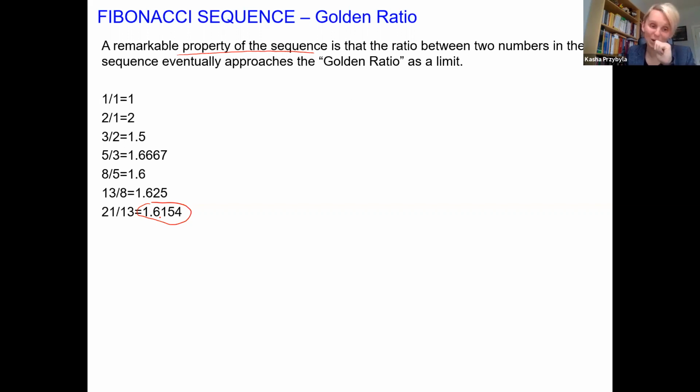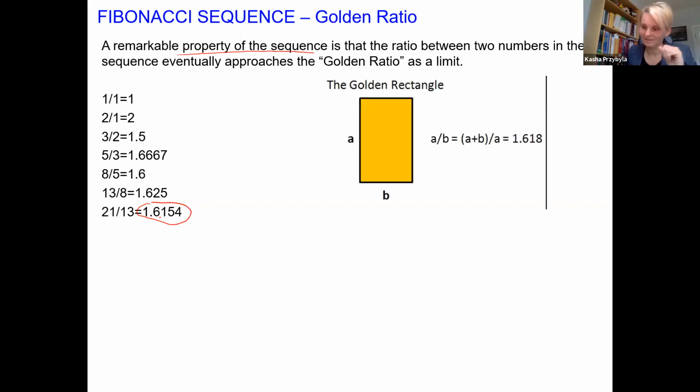You will get 1.6. You can use a ruler and write it down. You can measure A, you can measure B, and you can divide. And I'm sure everybody will have a number around 1.6.